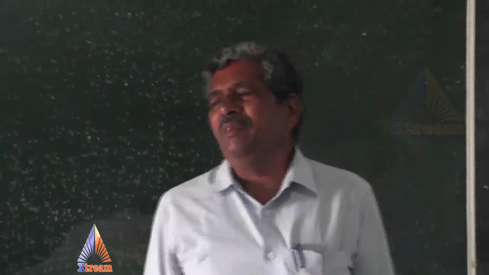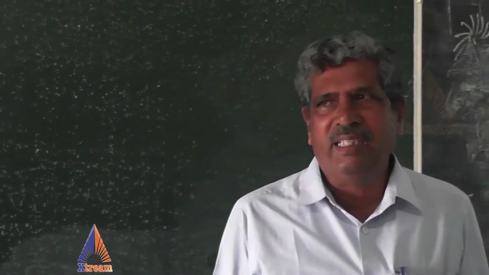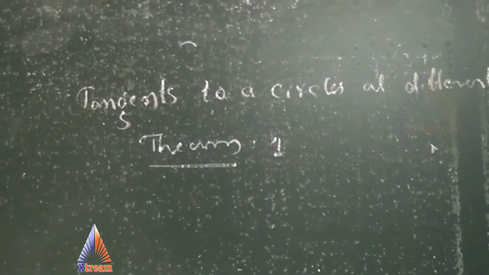It is very simple, without any difficulty. The tangents drawn from an external point to a circle are, number one, equal; second, they subtend equal angles at the center and are equally inclined to the line joining the center and the external point.